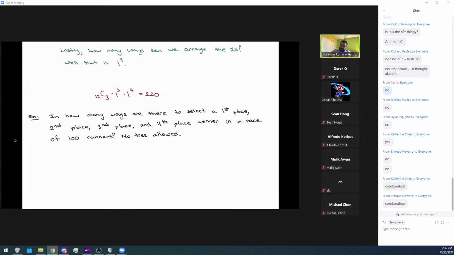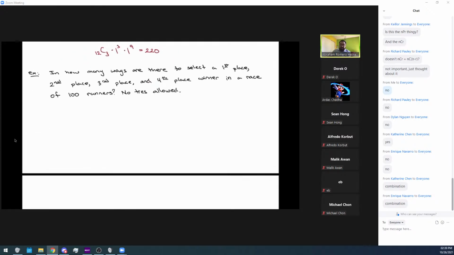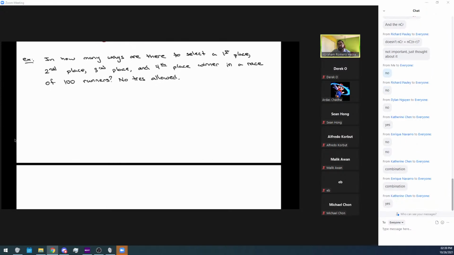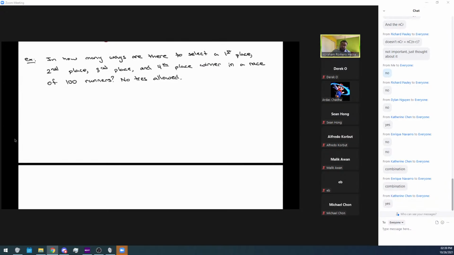Now here, does order matter? Yes, order does matter. So in this scenario, it matters who's first, second, third, and fourth. So we need a permutation. So my solution is 100P4.